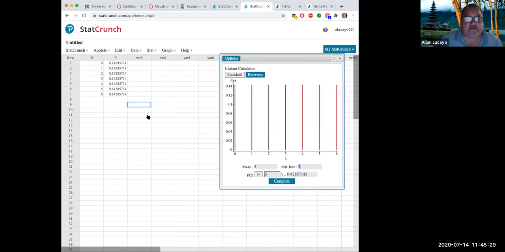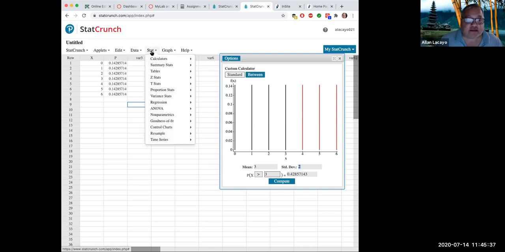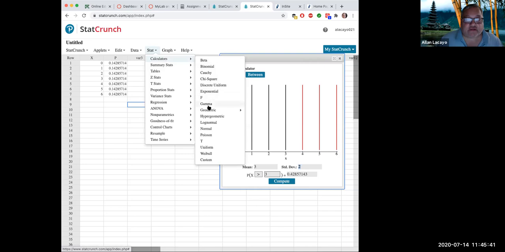And you can leave in StatCrunch everything you have here. It won't affect the calculation's performance. And then just go Stat, Calculators. As you can see, when you go to geometric, there are 2 kinds of geometric calculators. One is called number of failures.